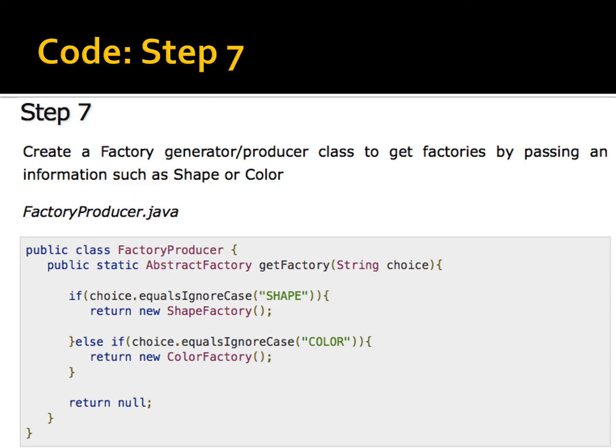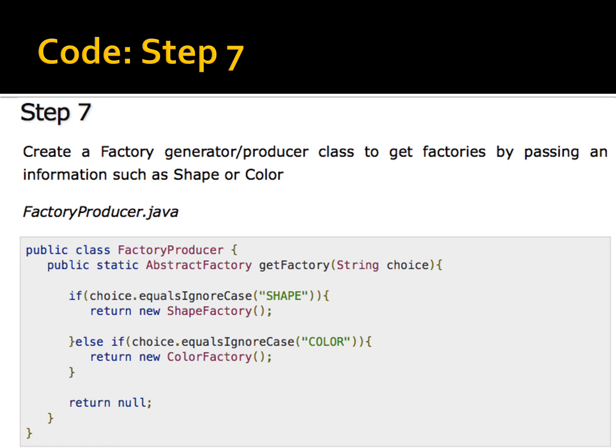The next participant class is very important. This is the factory producer class. The factory producer class will be responsible to get the factories by passing information such as shape or color. Let's say if the user wants any type of shape, then the user will request the factory producer for that particular object. And you can see that the factory producer class has a get factory method.